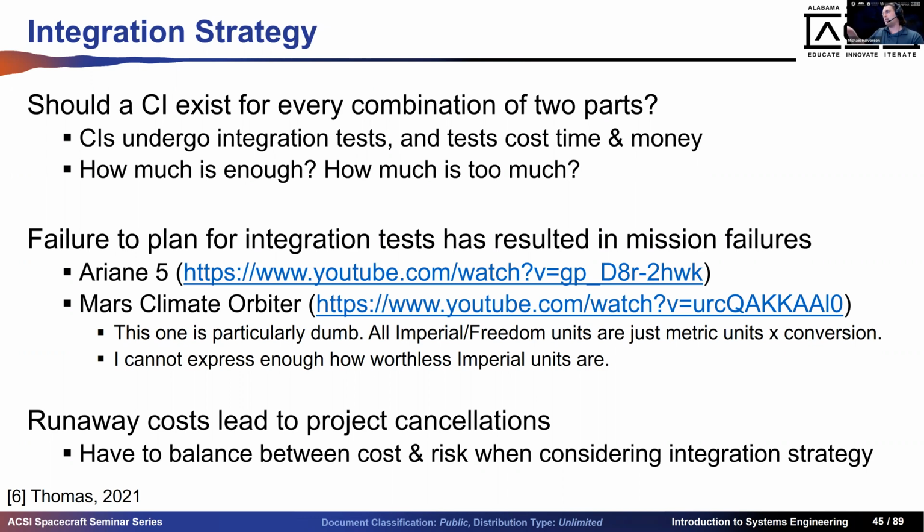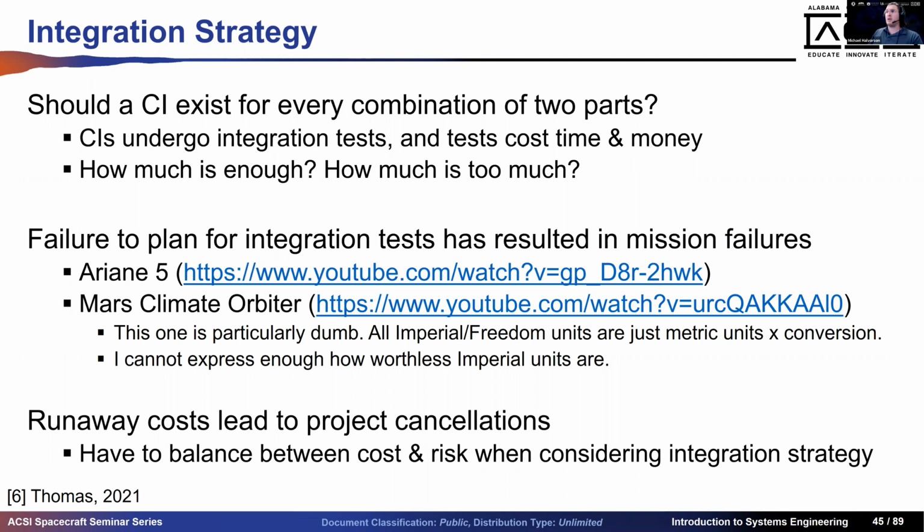And the rest of the civilized world uses metric units. And so one was telling each other in inches, and I think the other one was in centimeters. And they kept propulsively correcting because they couldn't figure out why they weren't on target. And by the time they realized what the problem was, they were out of fuel and they crashed into Mars. So super stupid.